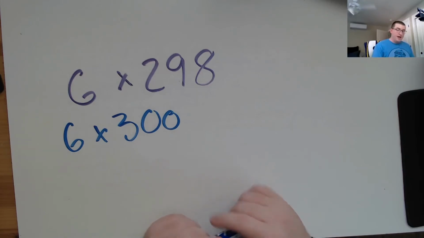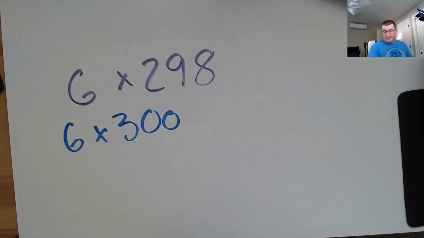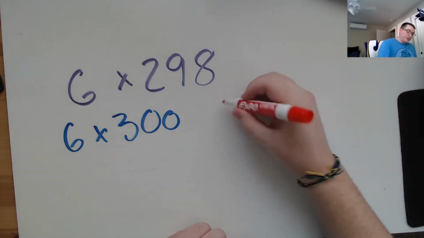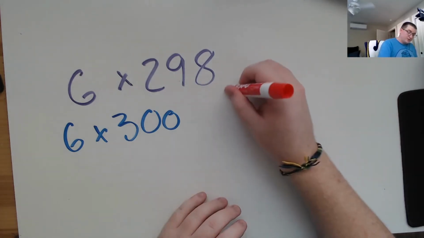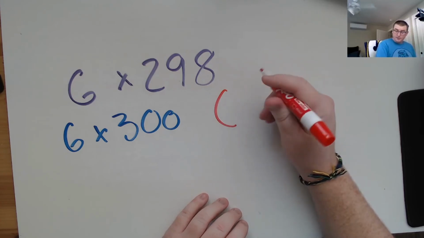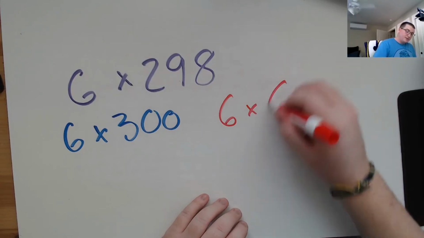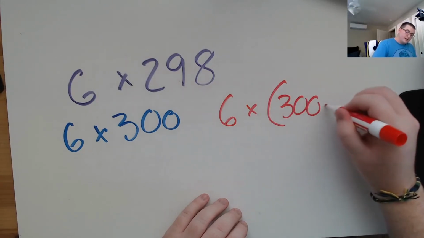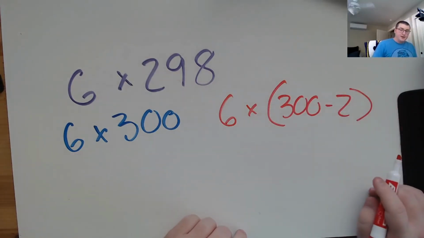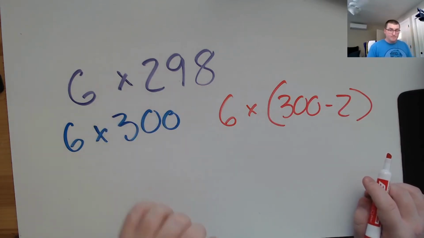So, how do I say this? Let's just write it out. I'm not good at talking, I'm better at writing. So we're going to change this to, this is going to be equal to 6, oops, am I doing this right? No. If we do 6 times 300 minus 2, we get the exact same answer as 6 times 298.